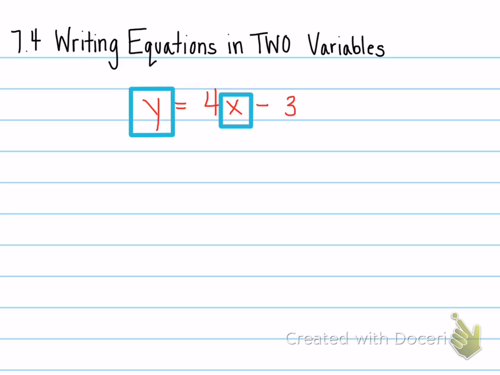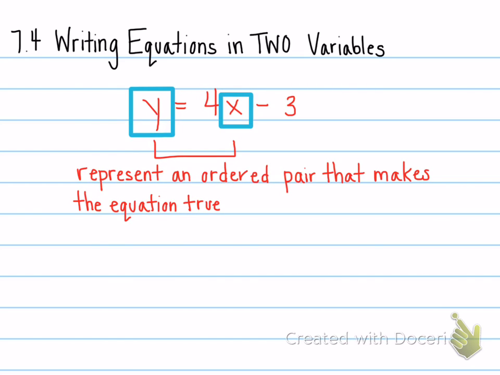Most of the time, or all of the time, when you have two variables in an equation, those two variables represent an ordered pair that make your equation true. In this specific equation, we used x and y, which is helpful because in a coordinate grid, the ordered pairs that we use are x, y.